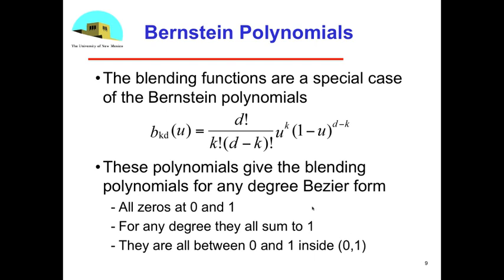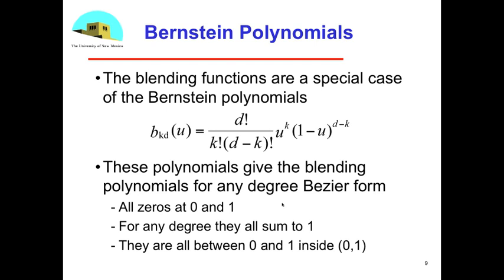So they all have this nice property, which says that essentially if you go to a higher degree Bezier form, from cubic to, generally you go up in powers of 2, from cubic to 5th power to 7th power, you get all of the good properties that you had with the cubic.